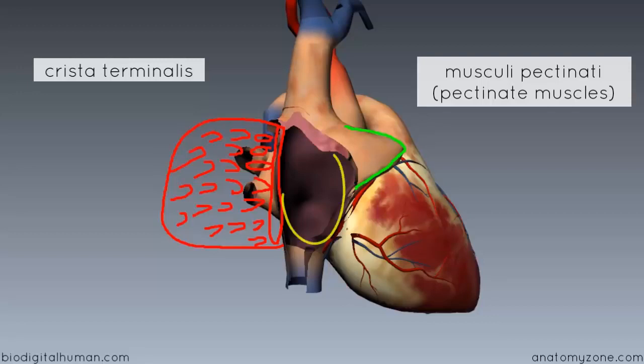So you've got this smooth posterior wall formed from the embryonic sinus venosus, which in the adult is known as the sinus venarum. Then you've got this line of union internally, called the crista terminalis, a smooth muscular ridge. And anteriorly you've got the ridged muscular wall, the pectinate muscles, which extend into the right atrial appendage.